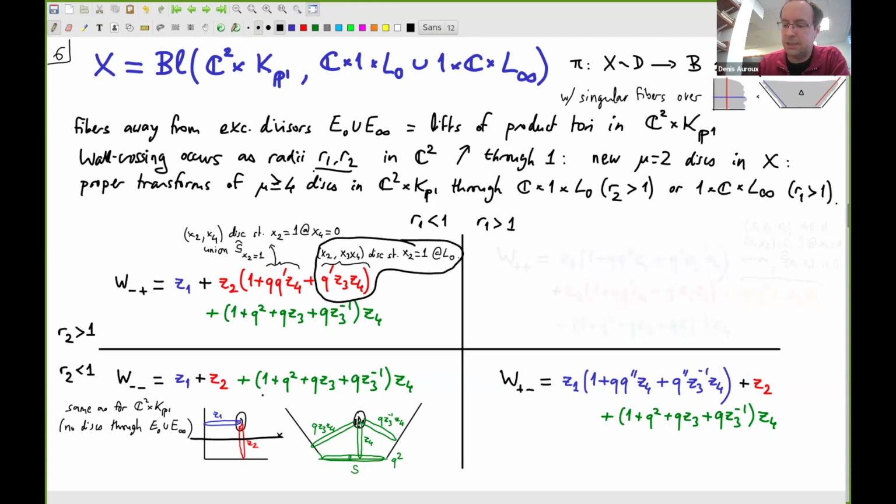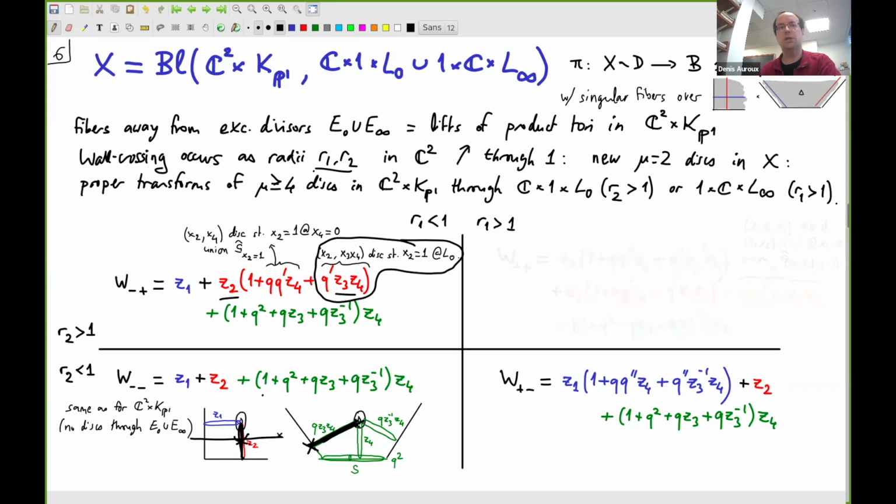This is a disk that comes from this disk here. It has the Q, Z3, Z4, but it arranges to also move along the second factor here. So it also picks up a Z2, but it does it in such a way that at the time when the green disk hits the toric divisor, the red one is actually passing through the line where I did the blow-up.